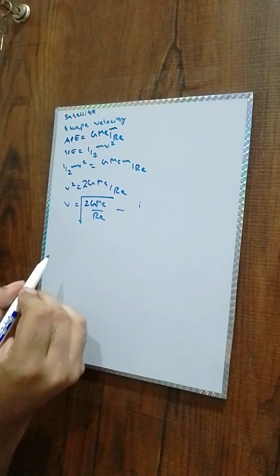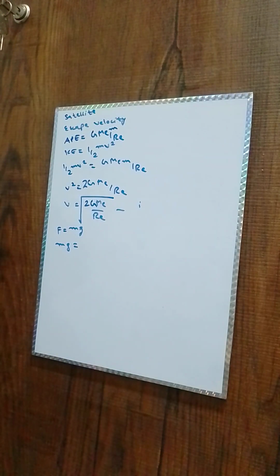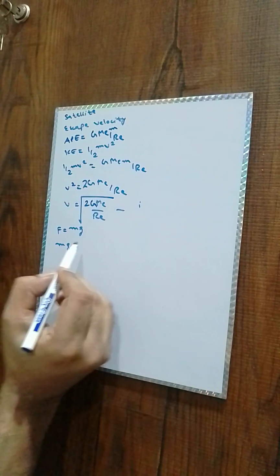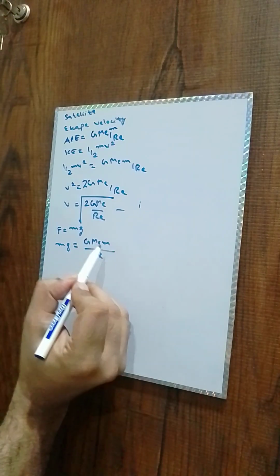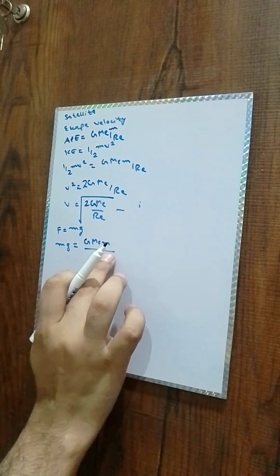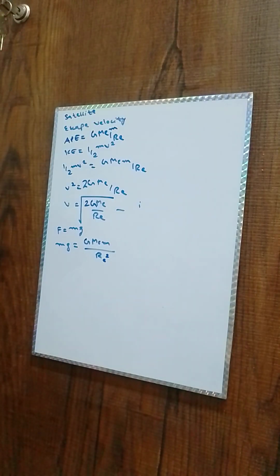And as we know that in the situation with gravity, F is equal to mg, and mg can be equated to G Me m, mass of Earth and mass of the object, by r square, or Re square in this case, radius of Earth square.